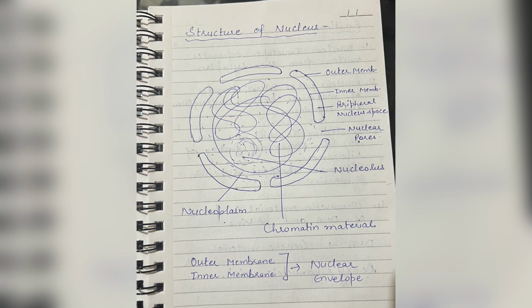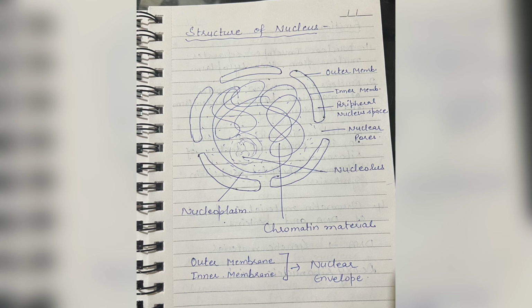The layers you can see in the diagrams, and the space between the two membranes is known as the perinuclear space. Collectively this is known as the nuclear envelope, and in the nuclear envelope there are some pores you can see in the diagram. These pores are known as the nuclear pores, and the nucleoplasm is here in liquid and matrix form.